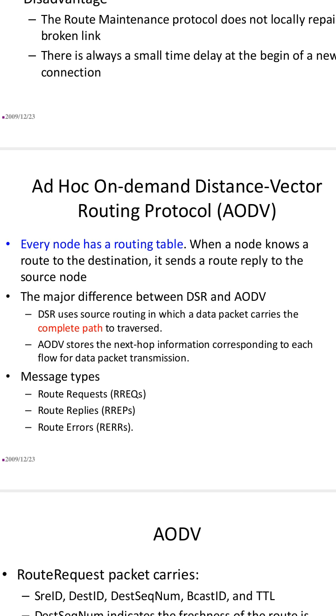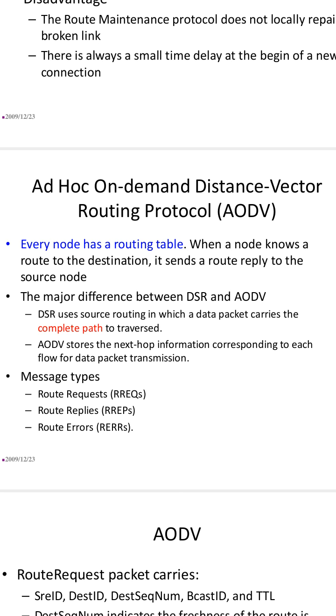In DSR, the total source to destination path is stored. But in the case of AODV, only the next hop information, that is the adjacent node information for each flow, is stored. That is the major difference between DSR and AODV.